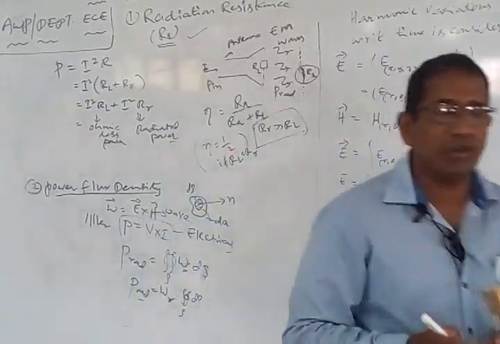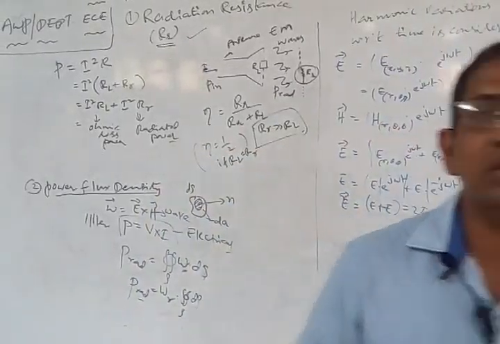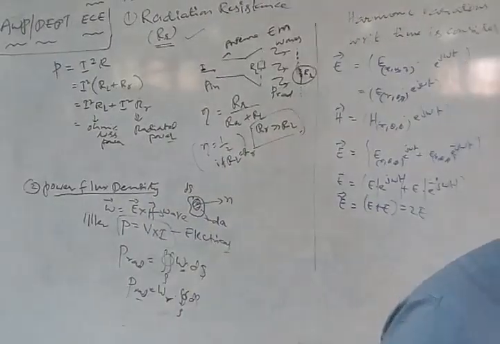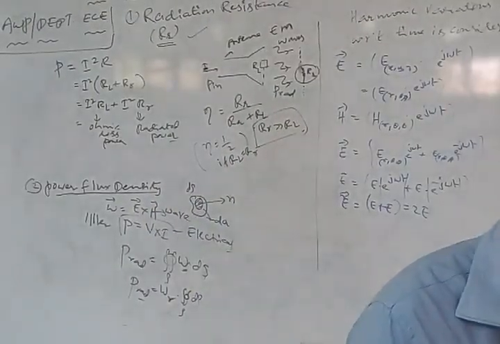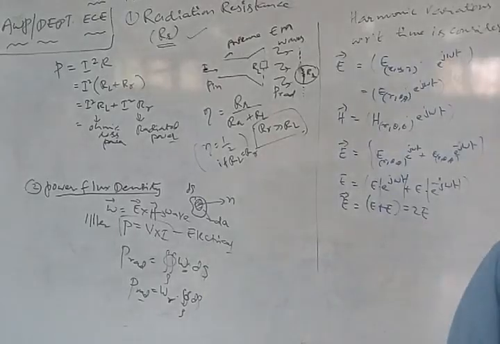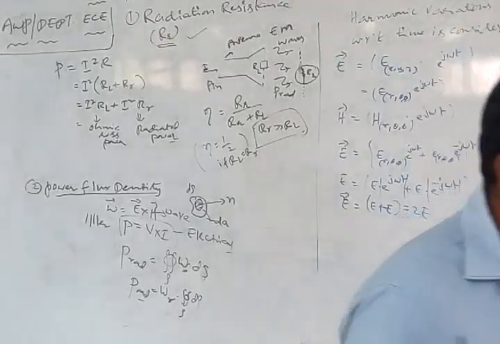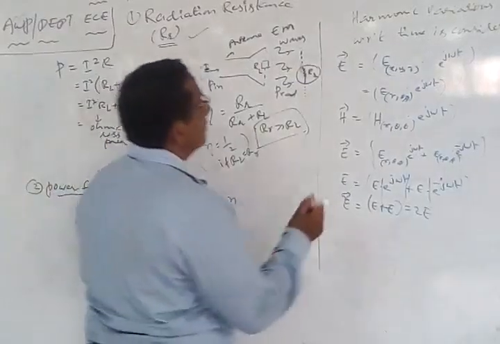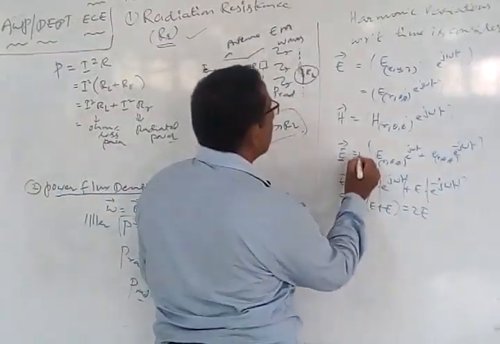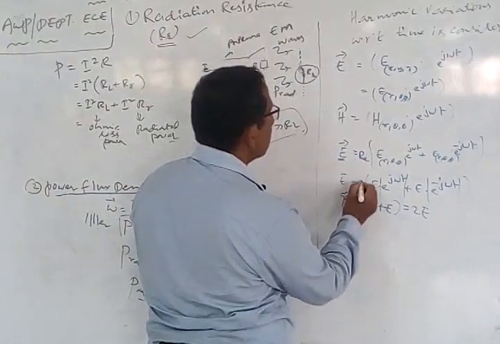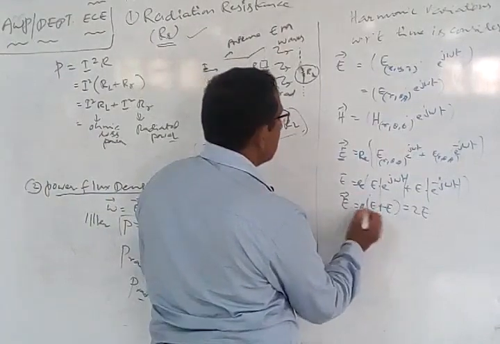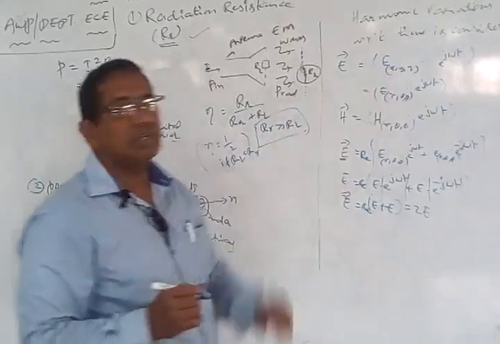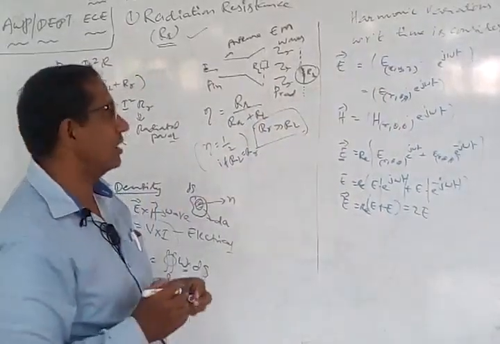This is the electric field component. Similarly, we can get the magnetic field component in the same manner. While doing this, we are interested in the real value. The electric field vector is represented with the real part. There are two parts here, the real part and the imaginary part of this signal.